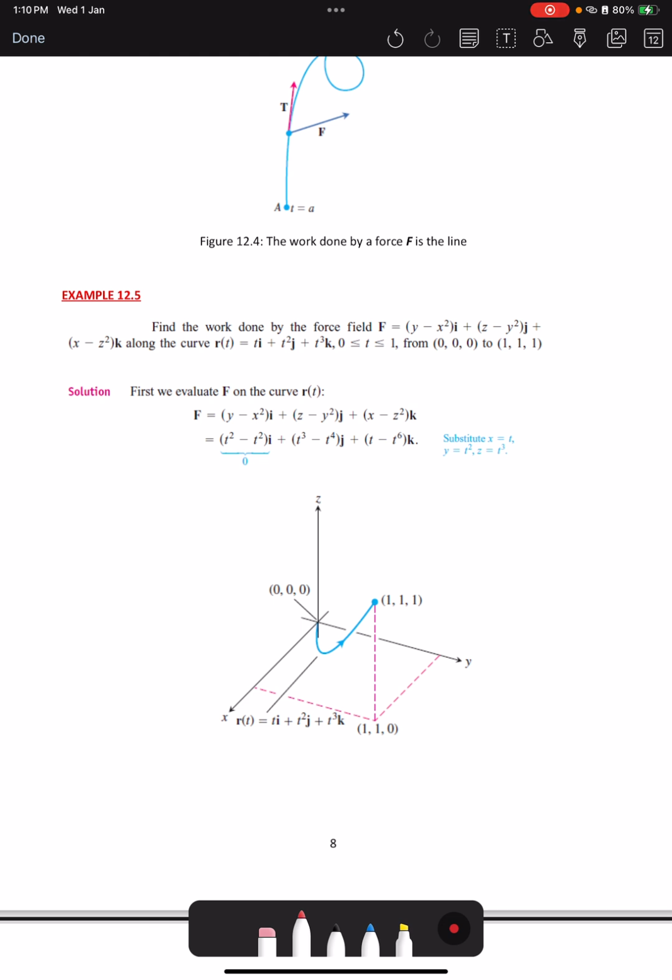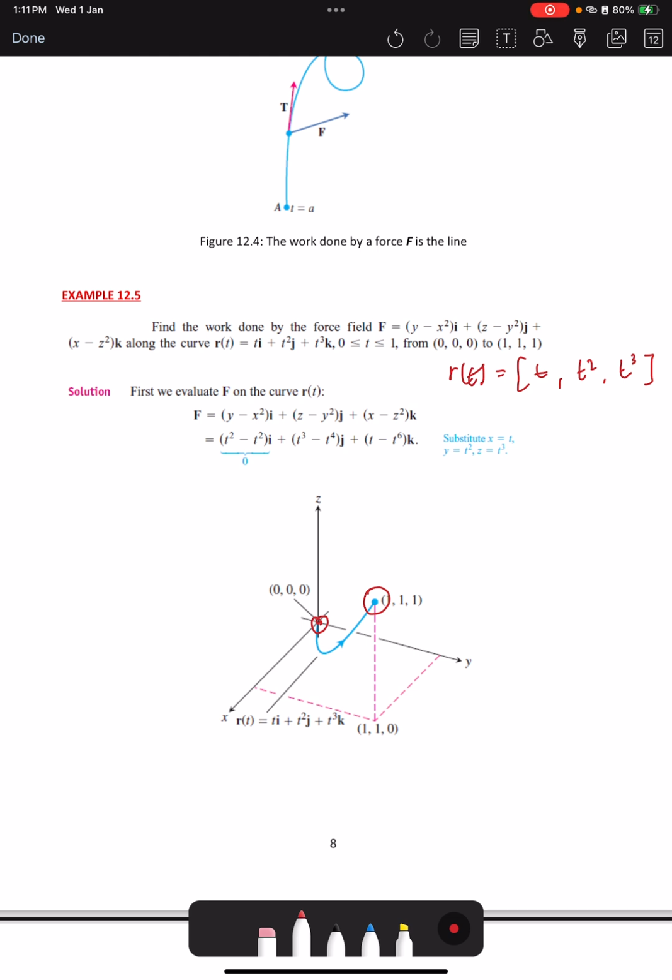And this is how the curve looks, and the force is applied to move the point from (0, 0, 0) to (1, 1, 1). Alright, now we transform r(t): t squared in the y component and t to the power of 3 in the z component.